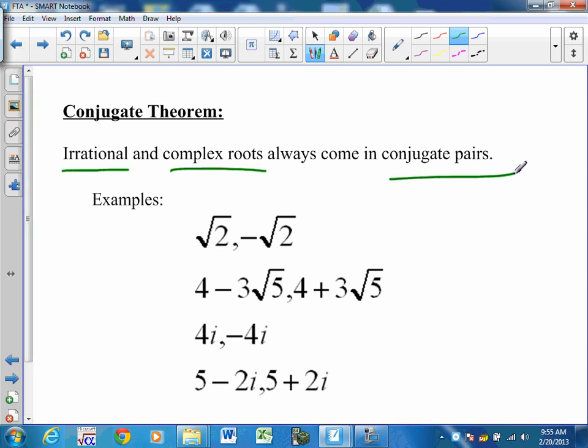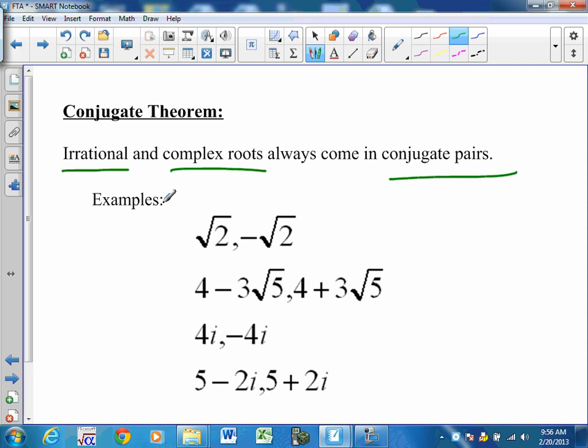Now, what we can do with that, if we look at this, find a quadratic with integral coefficients, that just means integers in front of the variables, with the root of square root of 3. Well, we know if our root is square root of 3, our factor would be x minus square root of 3.